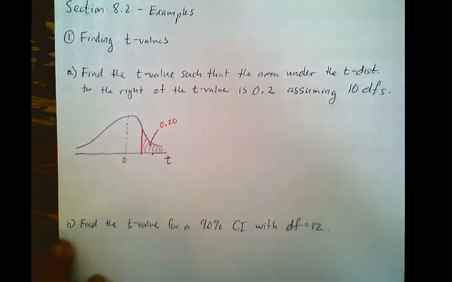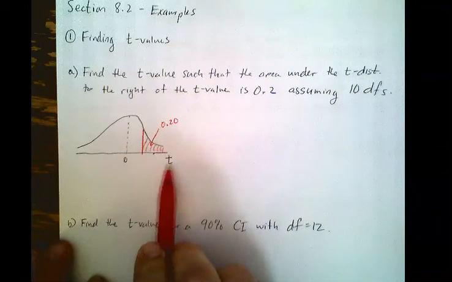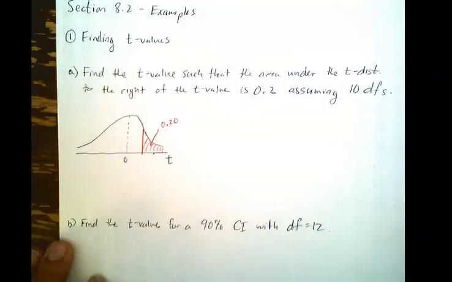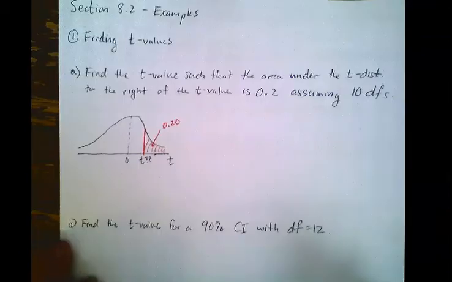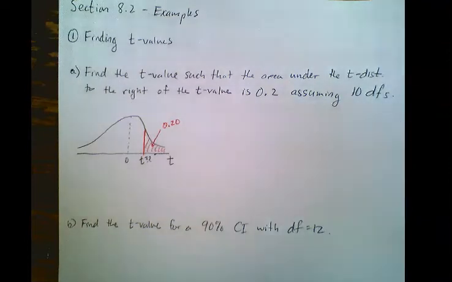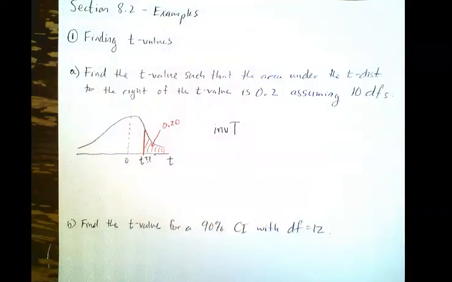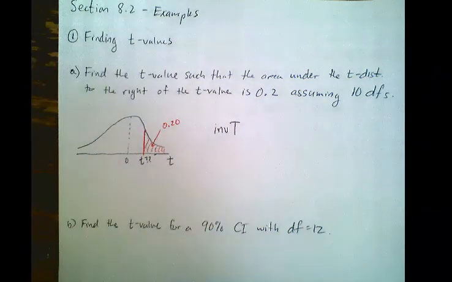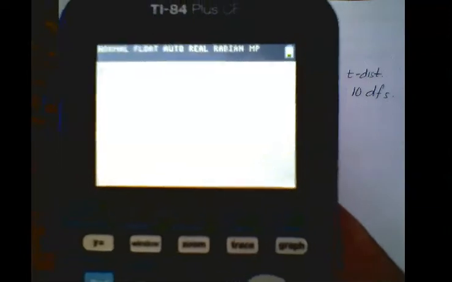So we would like to know our t-score, our unknown t, which is here, so that this is true. So what we can do is use our inverse t function, inverse t, instead of inverse norm, okay? So let's investigate what our parameters are for that particular function.